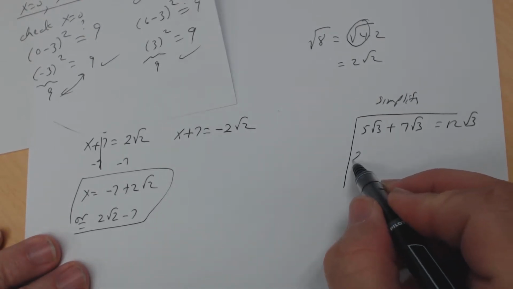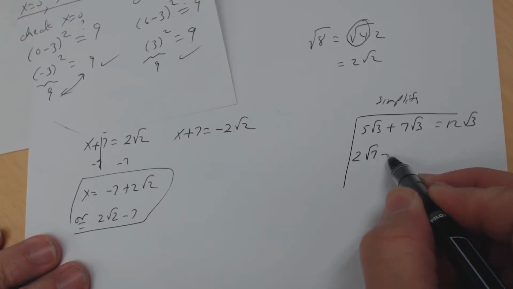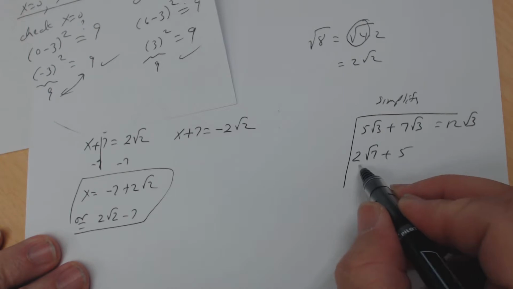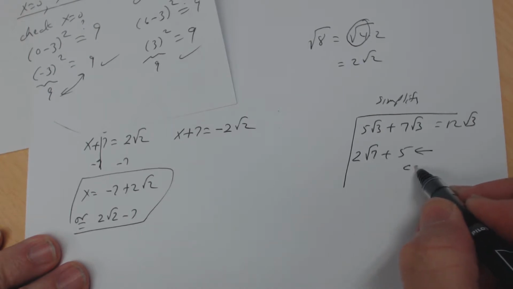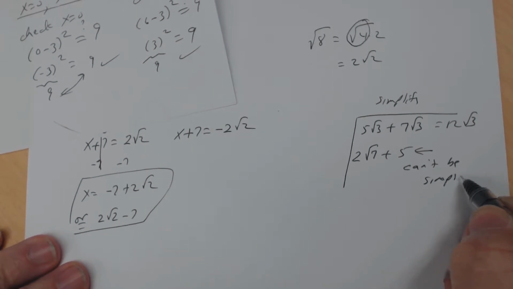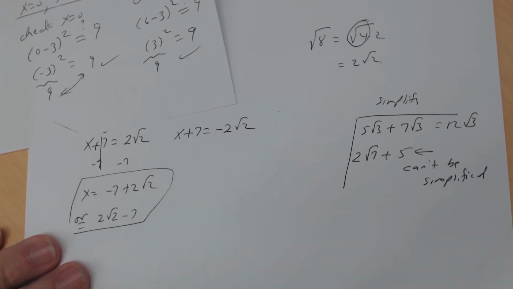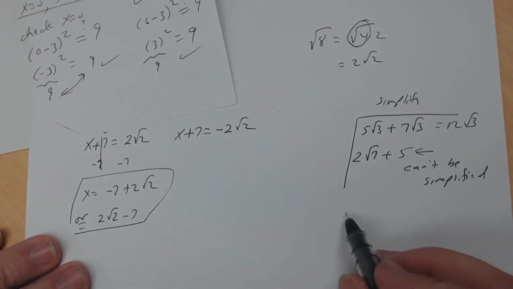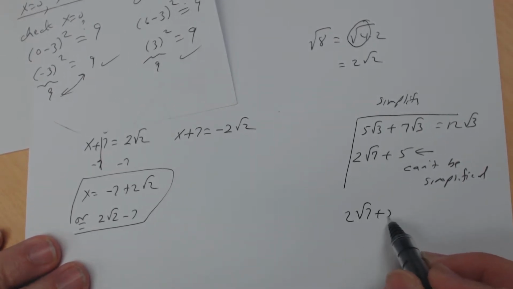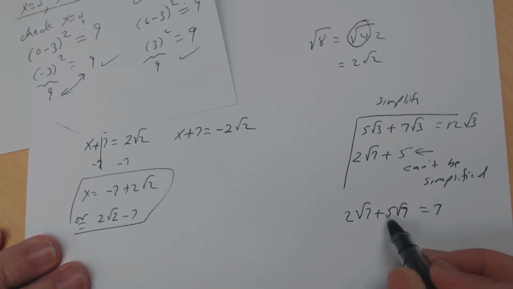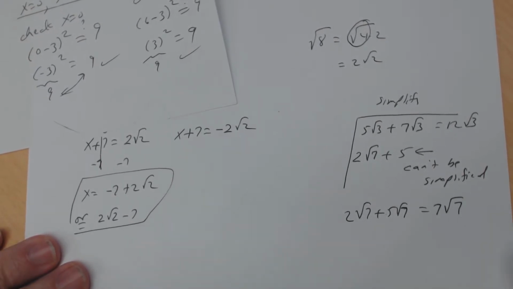If you had 2 square root of 7 plus 5, those are not like terms. So this can't be simplified. All you can do is leave it like that. Now if this was 2 square root of 7 plus 5 square root of 7, then 2 plus 5 is 7 square root of 7. That would be the answer.